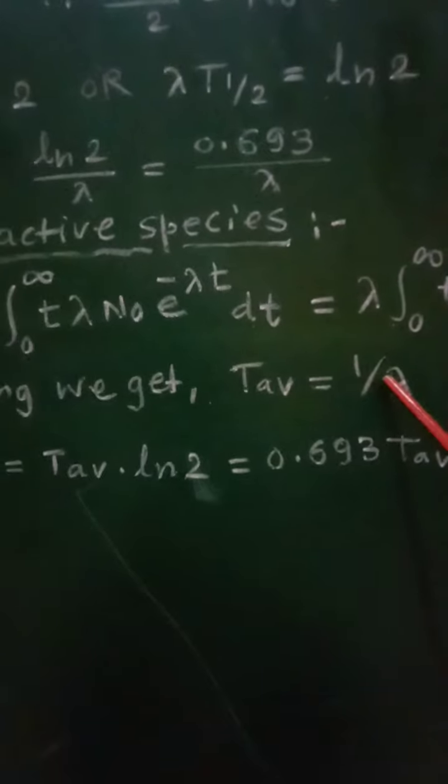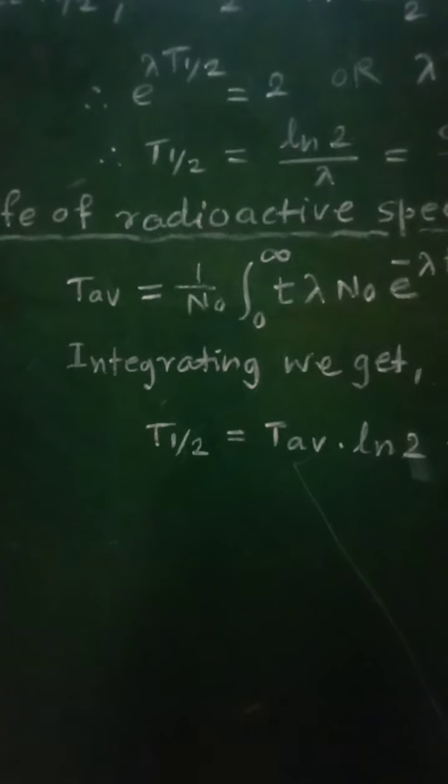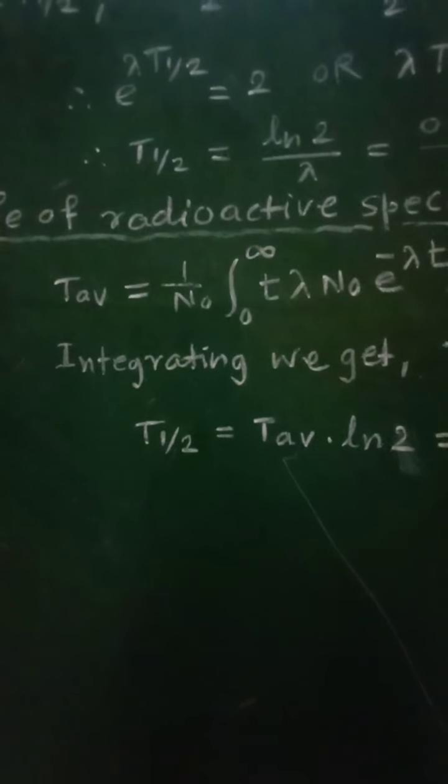T average equal to 1 by lambda, and therefore the relation between the half-life and the average life of the radioactive species can be obtained.